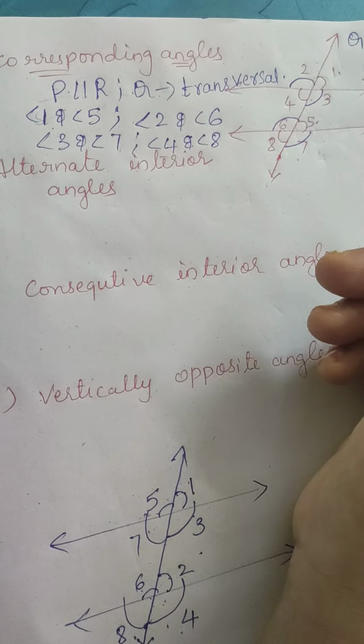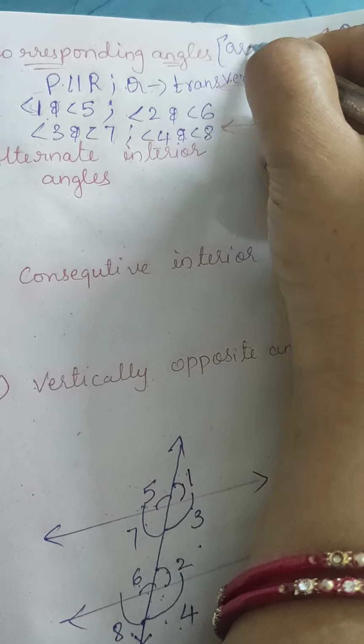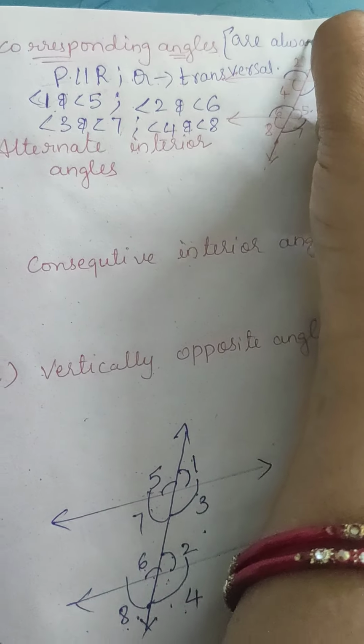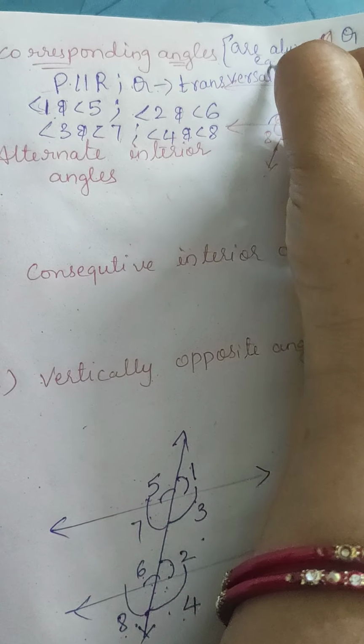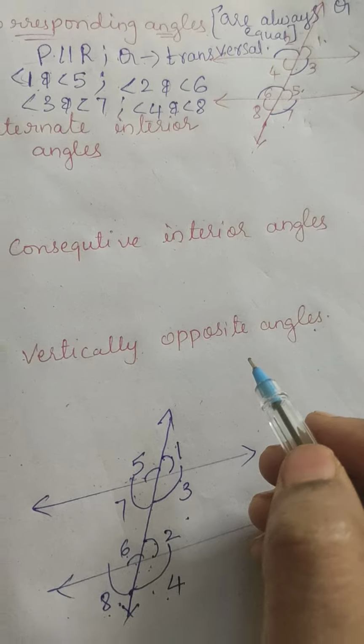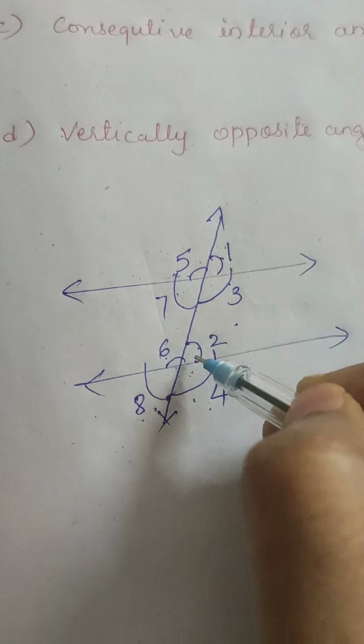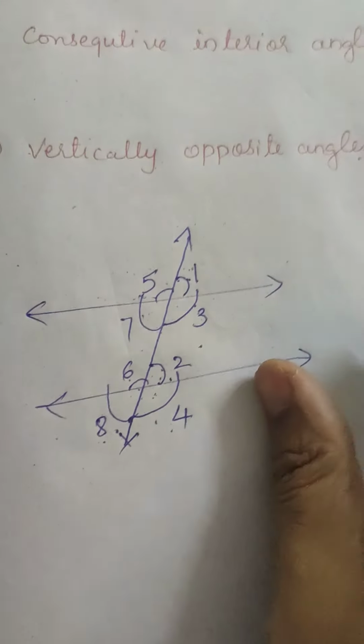Remember one thing, children: all corresponding angles are always equal. If we observe here, angle 1 and angle 2 both are equal.